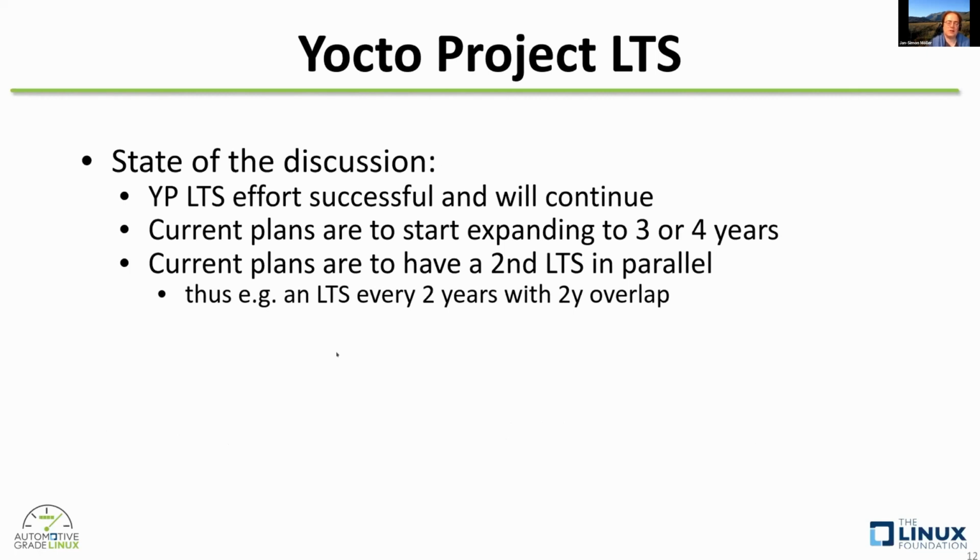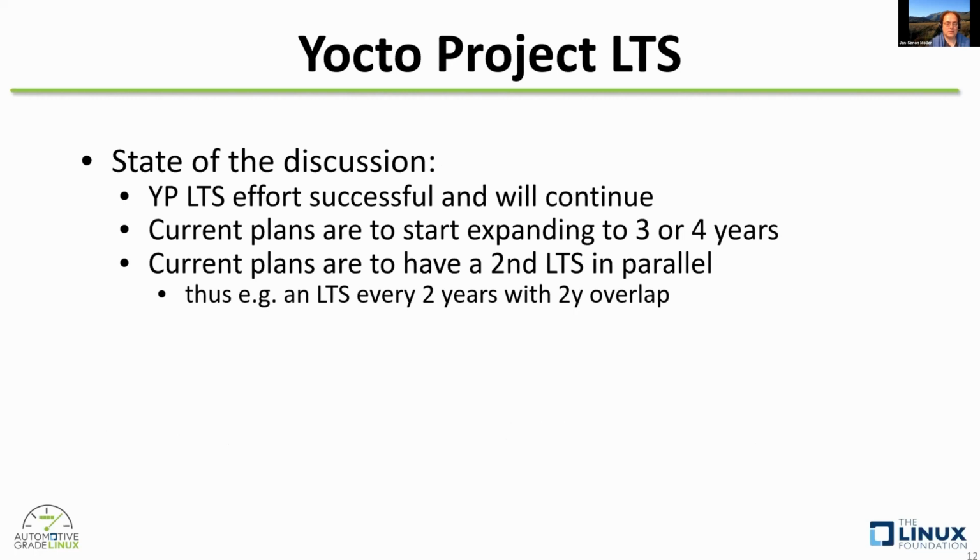The discussion in the Yocto project continues, and as the effort is successful and people are happy with the outcome of Dunfell, the current plans are to do 2 things.